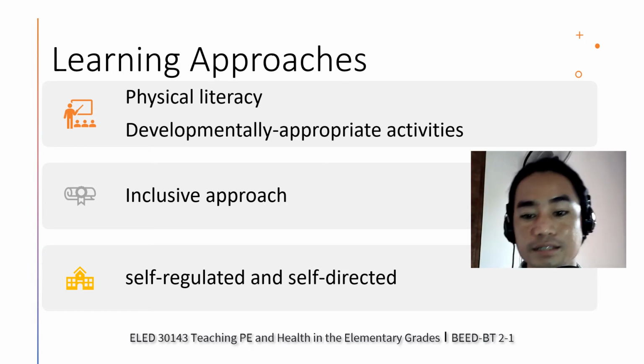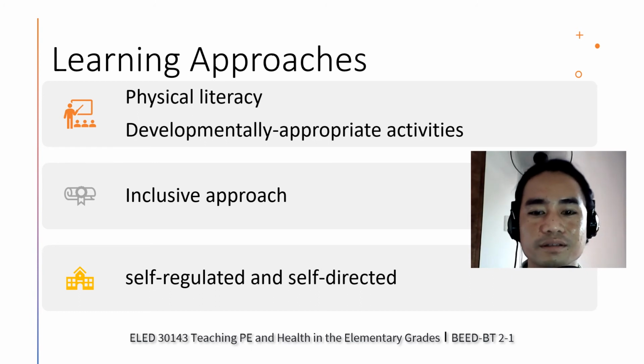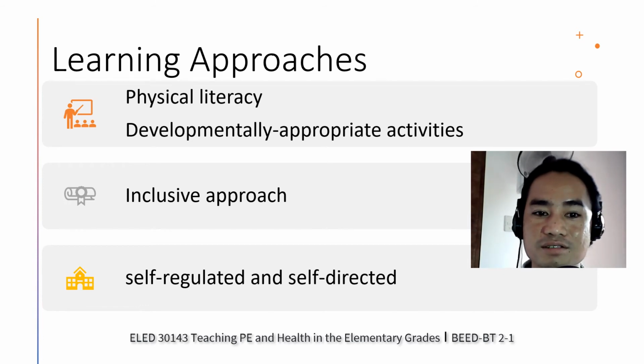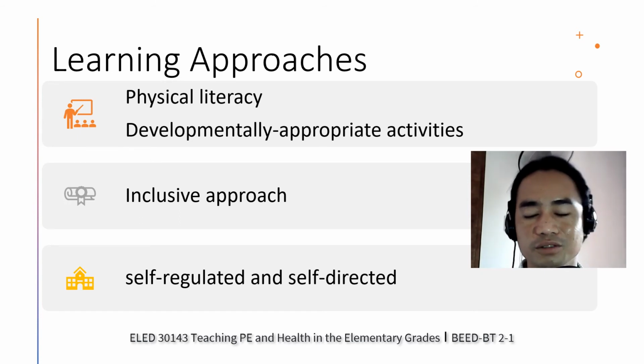In the early grades, the learners are taught the what, the why, and how of the movement, no? So tinuturo ano ba yan, bakit yan ginagawa, and paano yan gagawin. So the what, why, and how of the movements progresses to understanding of the why. Diba? Kasi nga, the curriculum is spiral, no? The characteristic of the K to 12 curriculum is spiral, in increasing levels of difficulties.